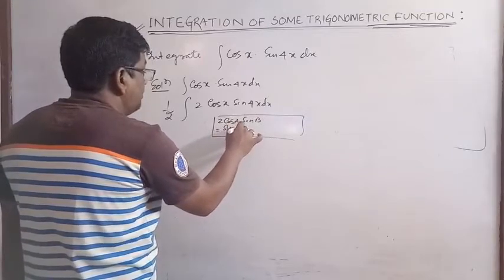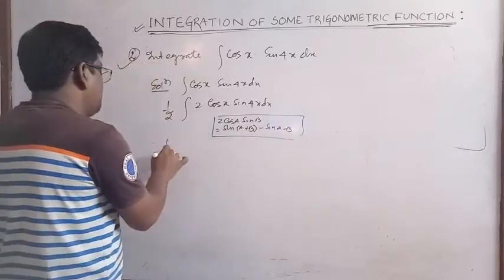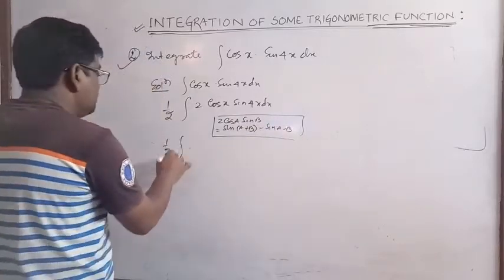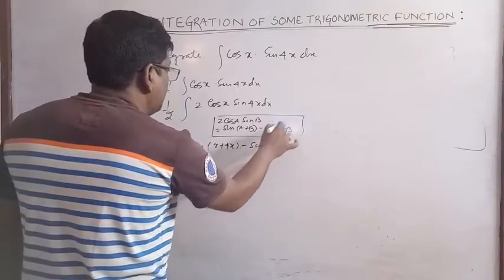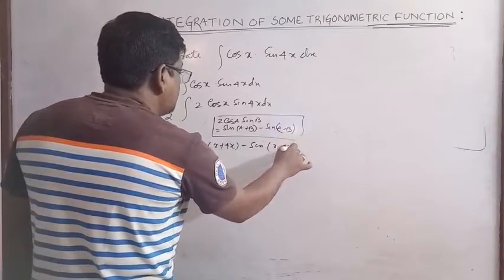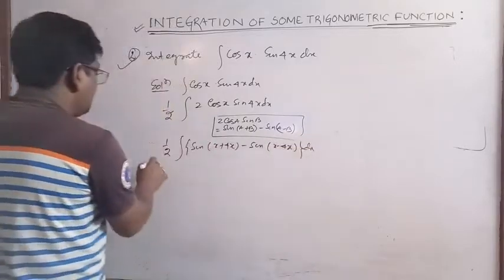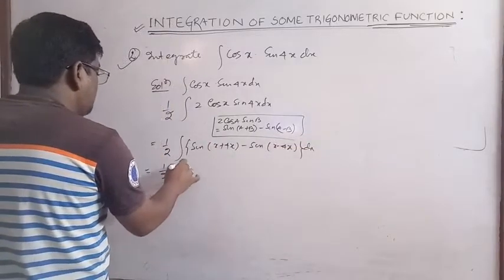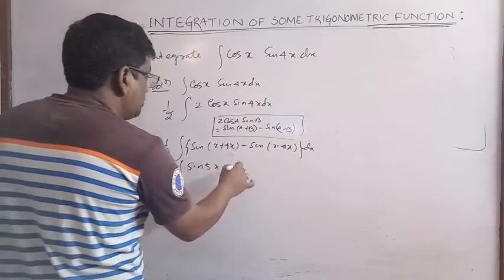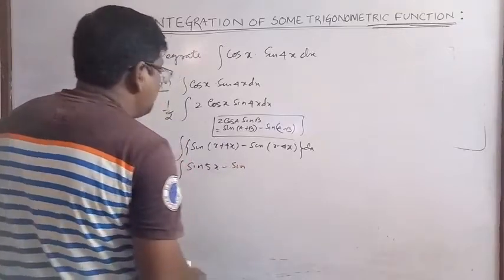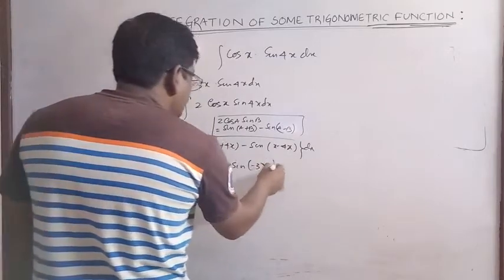Sin A plus B minus sin A minus B. So 1 by 2, and this is equal to sin A plus B, x plus 4x, minus sin x minus 4x, whole dx, that is equal to 1 by 2, and integration of this is sin 5x minus sin of minus 3x, okay, sin of minus 3x dx.